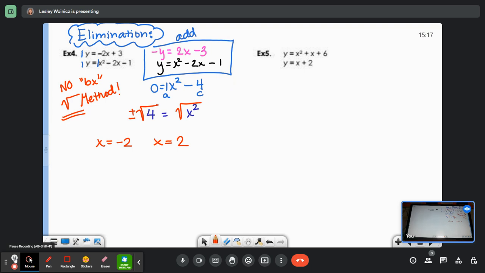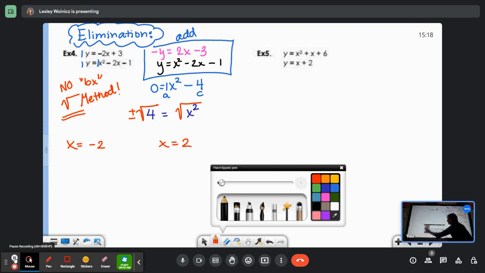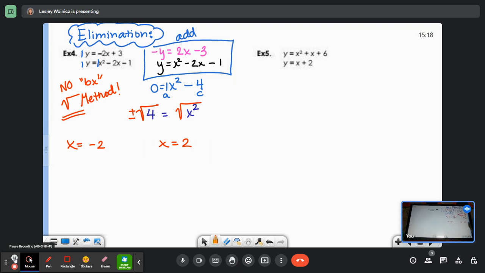Okay, which one do you want to use, my line or my parabola to find the y's? Okay, that's probably what I would have picked also. So it says that the y is -2 times whatever x is plus 3. So we're going to plug in a -2 for the x. -2 times -2 is 4. 4 plus 3 is 7.